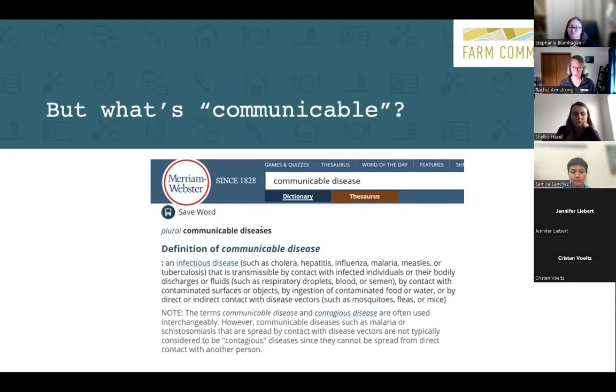So this is a dictionary, it's not a court of law. But if you look at the bottom, it says diseases that spread through vectors, not direct contact with another person, are not communicable. And you can get salmonella both ways, unfortunately. In my research, 96% of folks who get salmonella get it through food, which means through other disease vectors that are not other people.